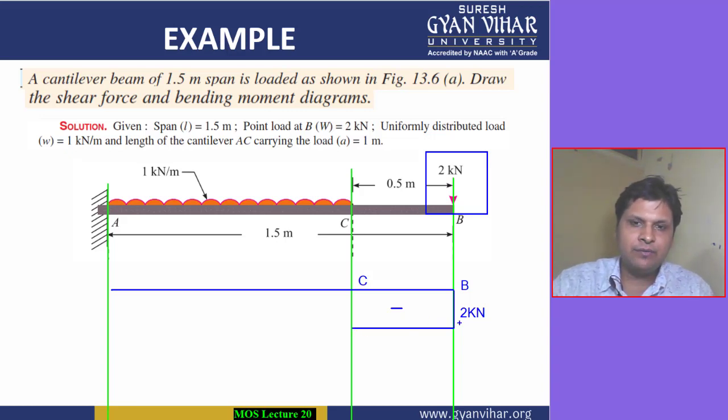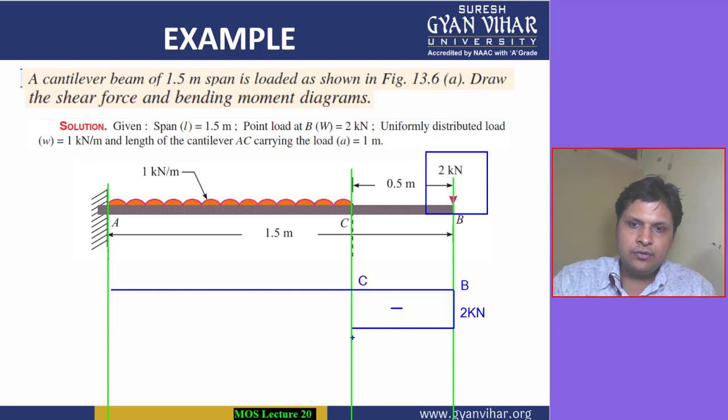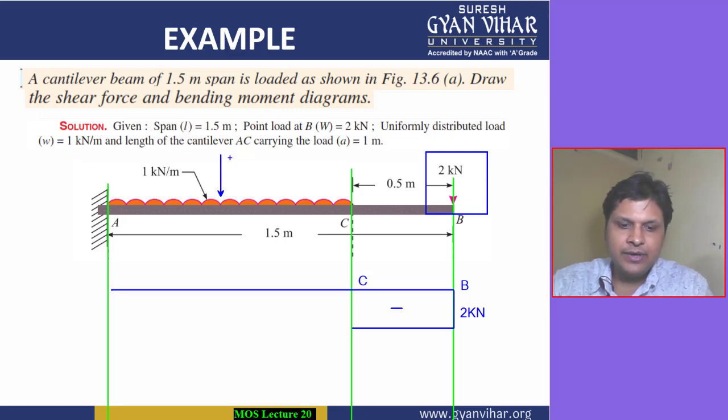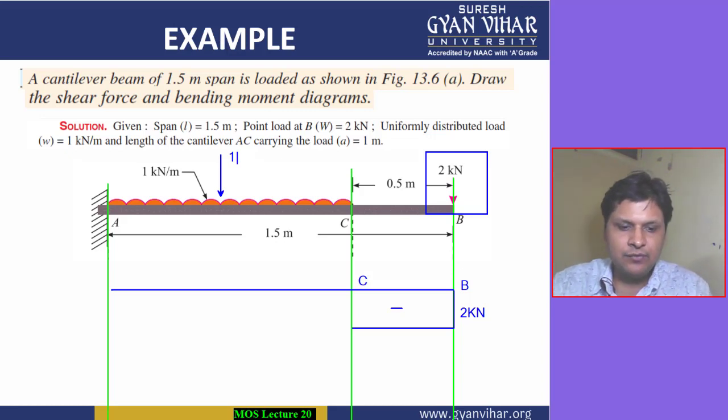Then at C you don't have any load. Between B to C you don't have any load, and from C the uniformly distributed load starts. So at C again nothing we will consider, because the whole UDL we will take as a point load, and that will be acting at its center. And how much will be the value? 1 kilonewton per meter is the load. So the total load will be 1 into distance. The distance you will have to calculate.